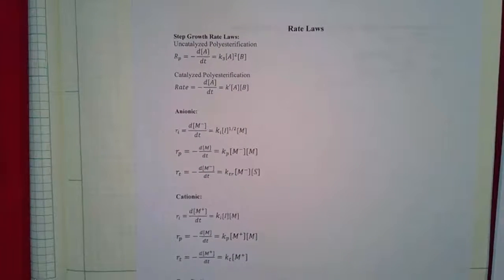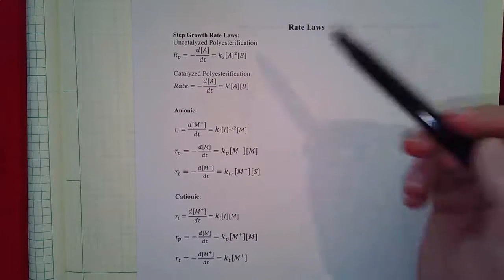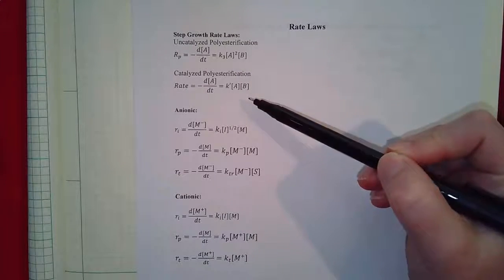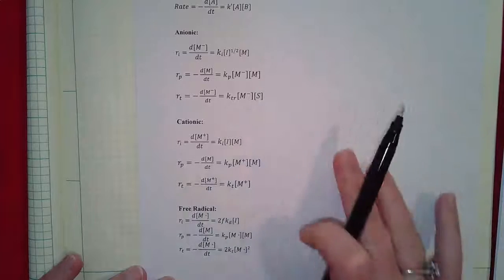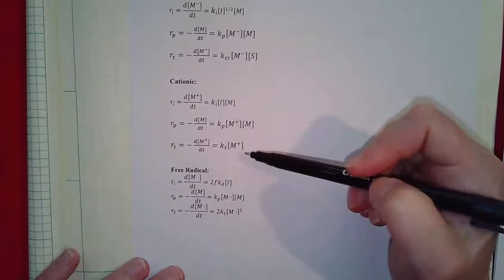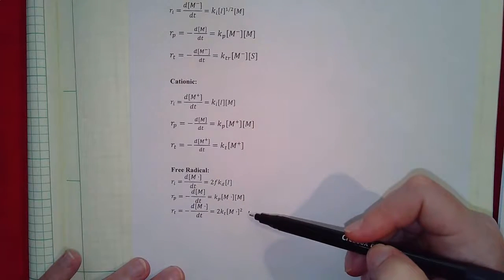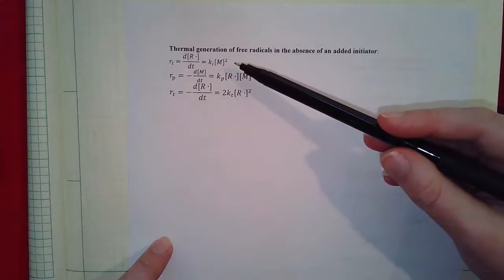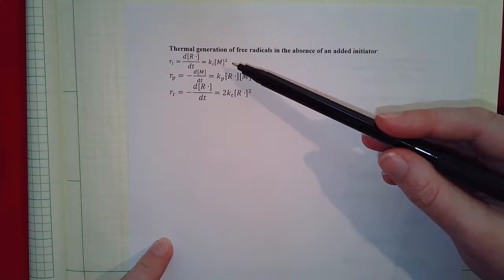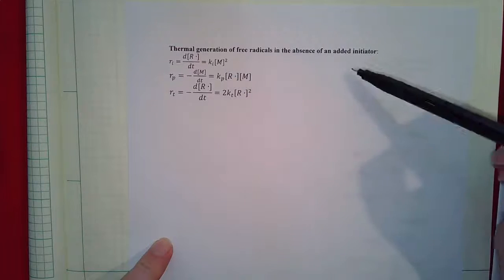The other thing I wanted to show you is some other rate laws. Here are step growth rate laws. Here are rate laws for anionic, cationic, the free radical rate laws we've been using, and there are even free radical rate laws when you have a thermal generation of radicals, with no added initiator.